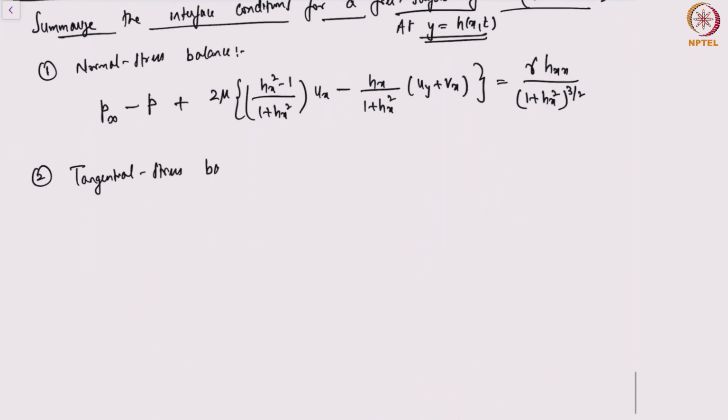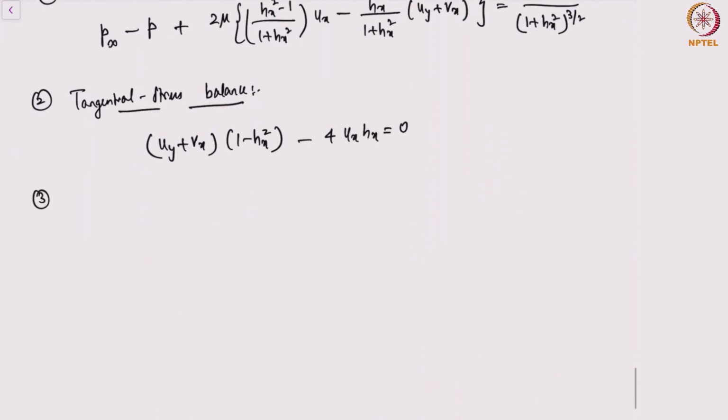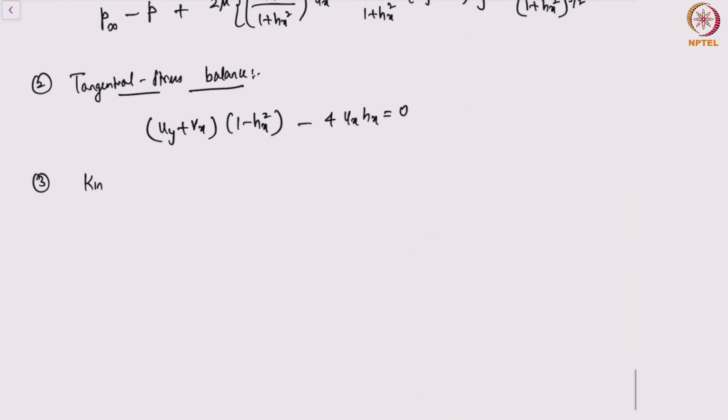The tangent stress balance essentially reduces to uy plus vx of 1 minus hx square minus 4 ux hx is equal to 0. That's the tangent stress condition. And finally, we have the kinematic condition.